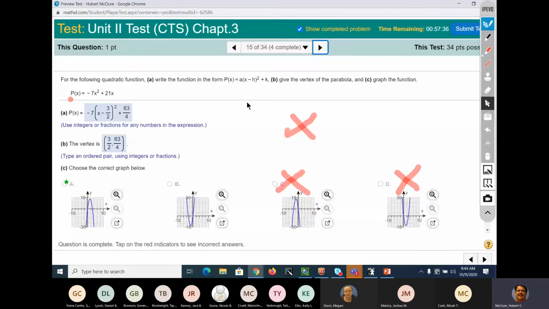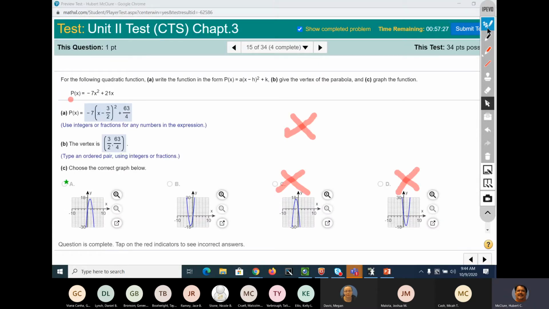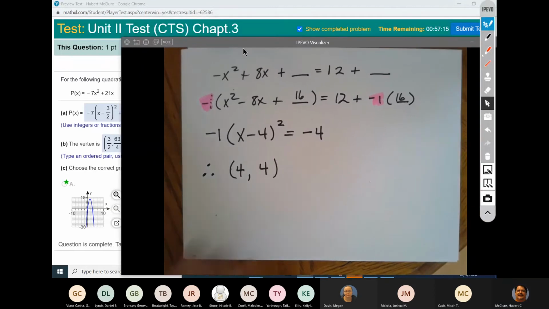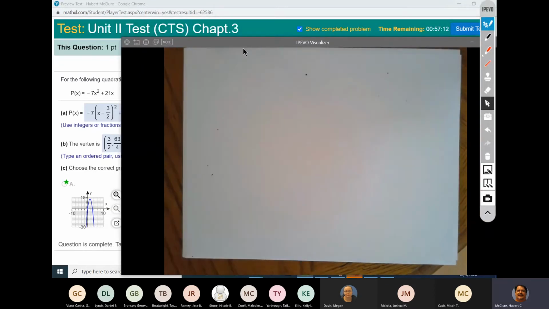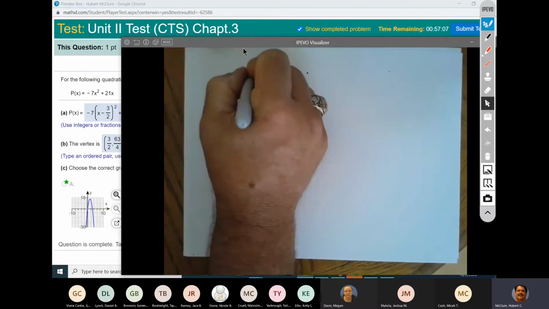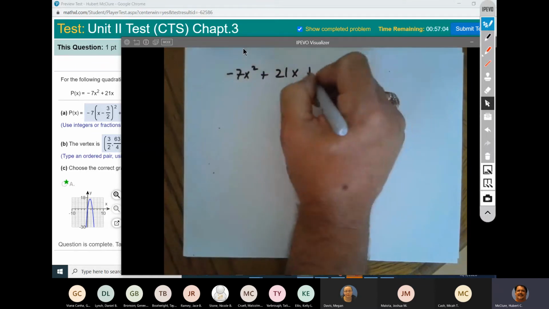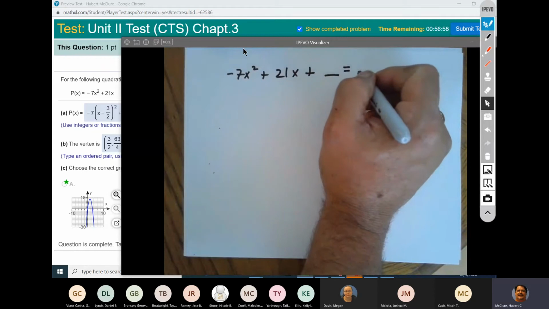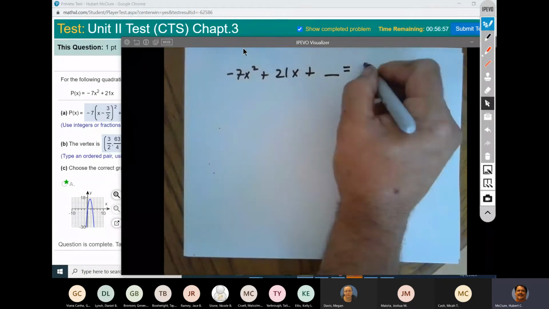All right, let's do this one. Well, how did I do that? There we go. All right, so the question is, -7x squared plus 21x plus blank is equal to 0 plus blank.